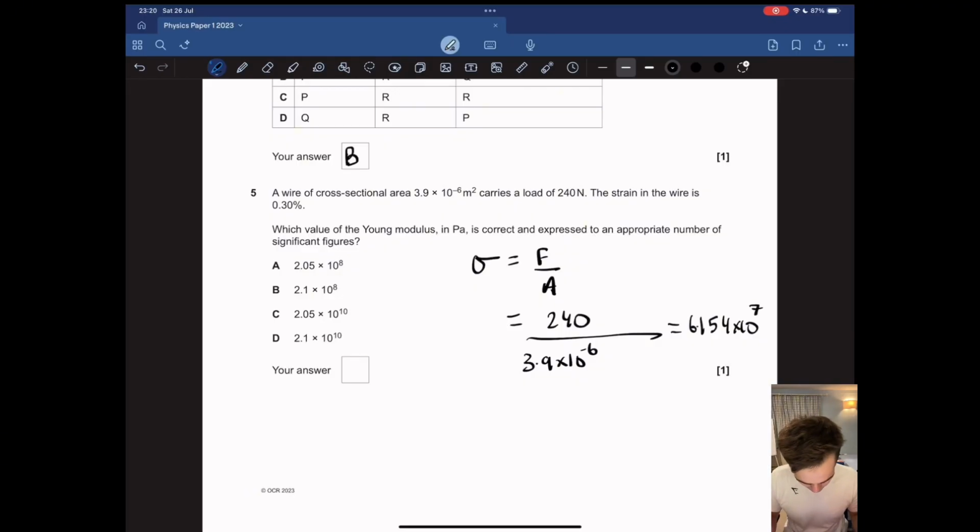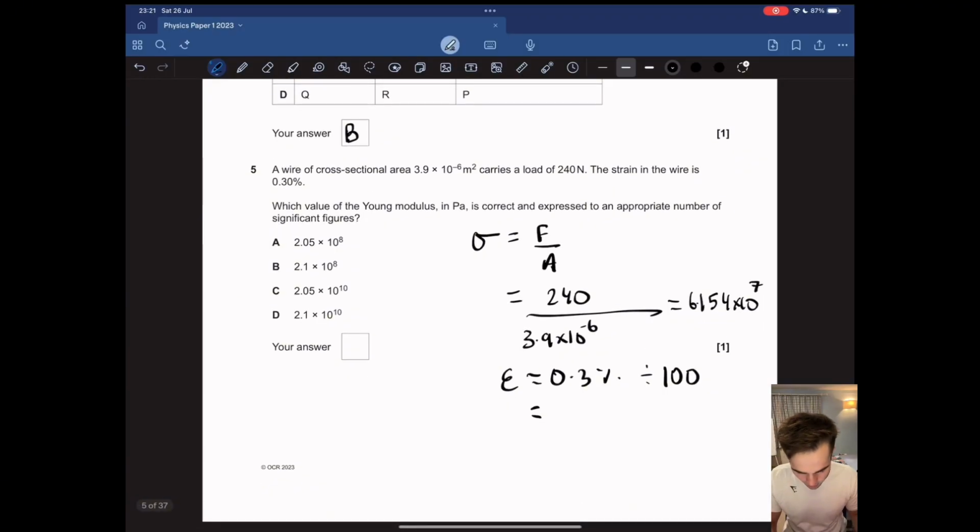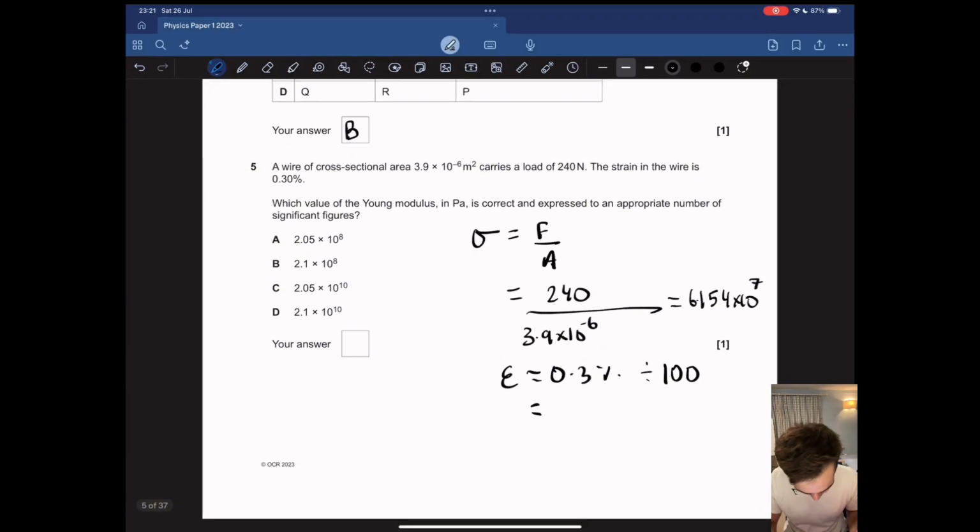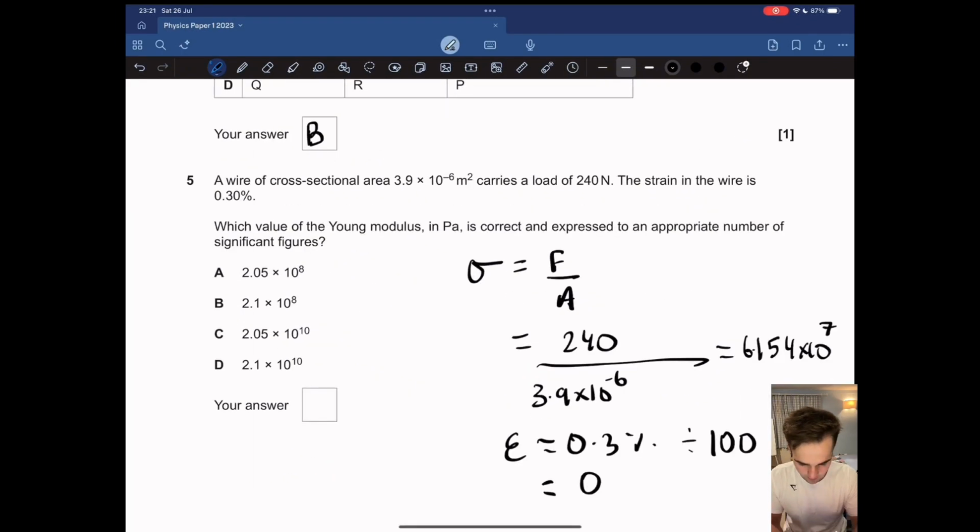So this is our stress, in newtons per meter squared. Then our strain is given as a percentage, so we can convert it by dividing by 100, because we times by 100 to get the percentage. This is just saying that the wire has extended by 0.3%.